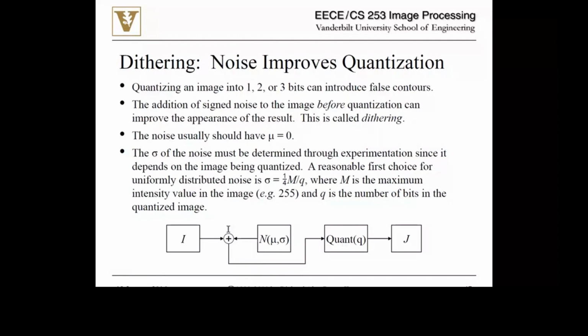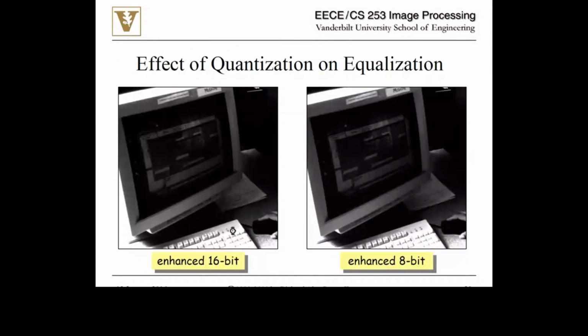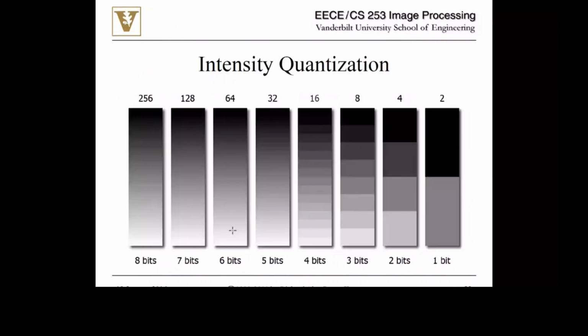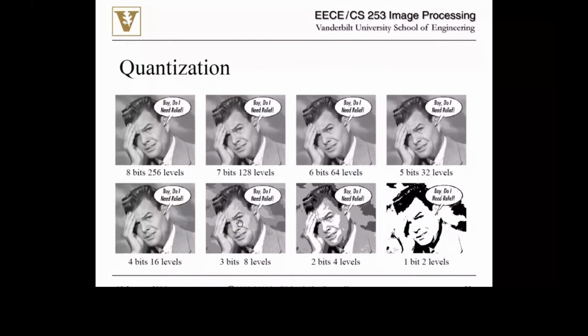We saw it a bit at the beginning here. We had this quantization. So we start with an image, and then let's say that you quantize quite a lot, and then you start to see these artificial borders.